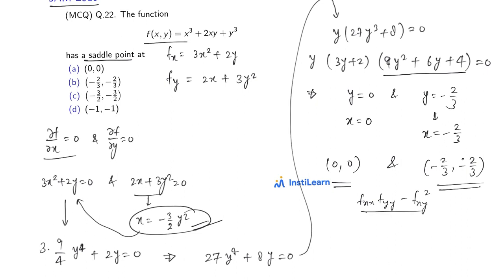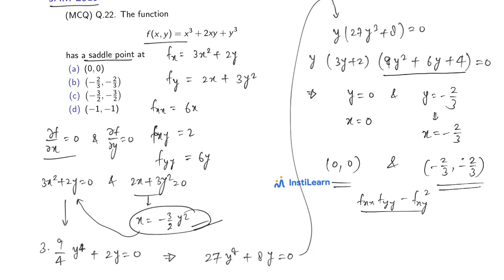at each point. Now what is our fxx? It is 6x. What is our fxy? It is 2, and fyy is 6y.